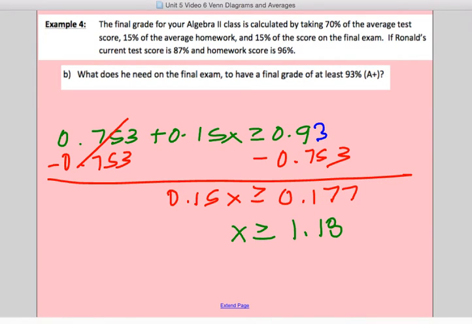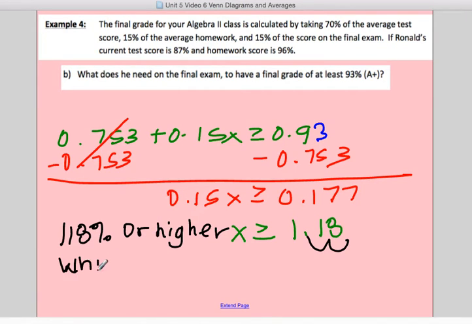Okay, well, what is that as a percent? Seems like it's not right. It's 118%. So what it's saying is he would need to get 118% or higher on his final exam. Can you get above 100% on your final exam? No. So this is not possible.